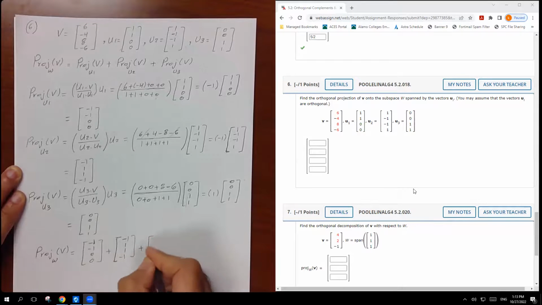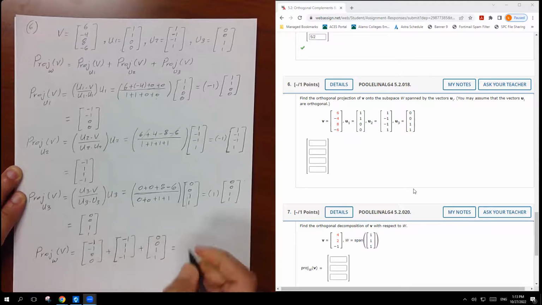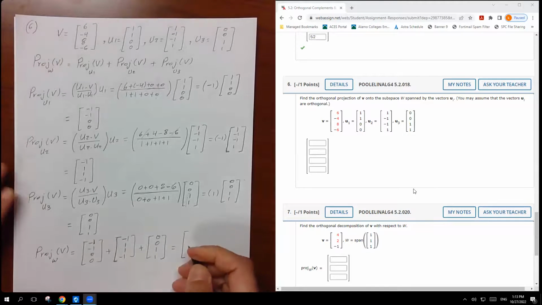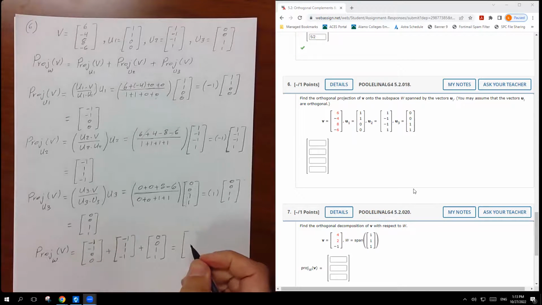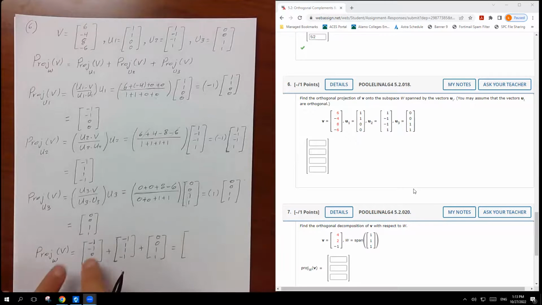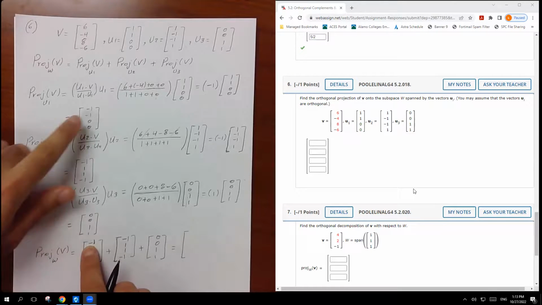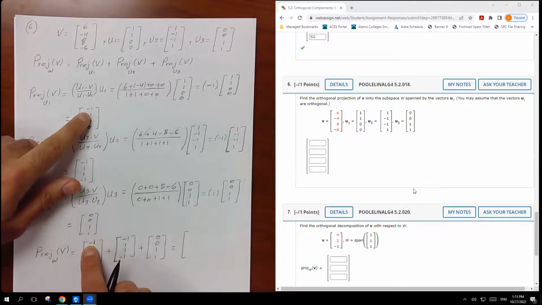And then you're going to add the third projection, which is 0, 0, 1, 1. Well, the first projection is on U1.